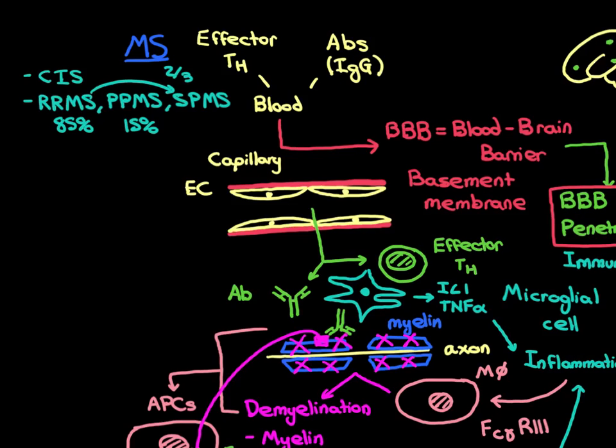However, before we do that, allow me to summarize the story of the pathogenesis of multiple sclerosis now that we have the entire story. So we have seen that in order for an individual to develop either multiple sclerosis or a clinically isolated syndrome, there are three major stages in the pathogenesis that they have to go through.